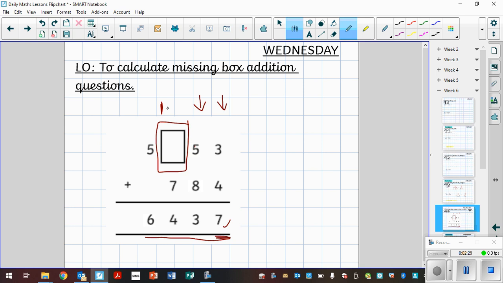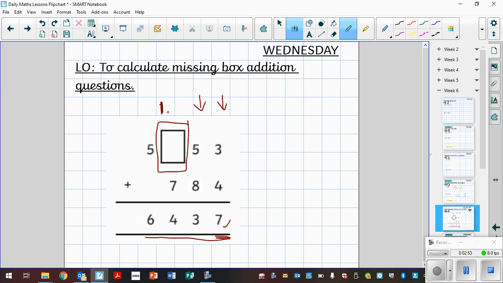Now this is where sometimes a mistake is made, because we forget that we've exchanged 100 when we are adding this missing box and the 7 to try and make 4. So how do we make our next sum with the hundreds value being 4? Well, we need to remember we've exchanged 1 here.